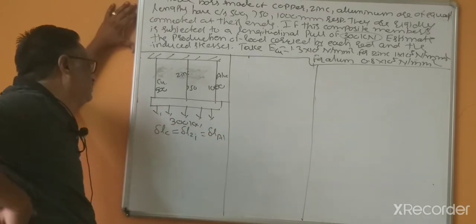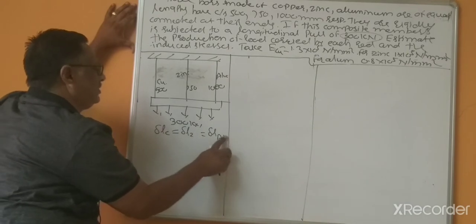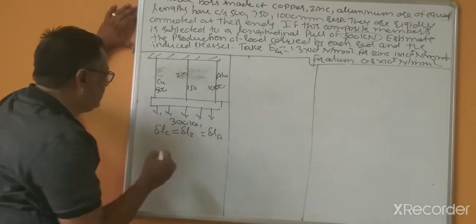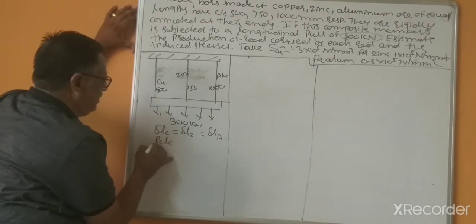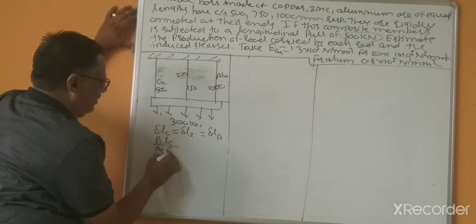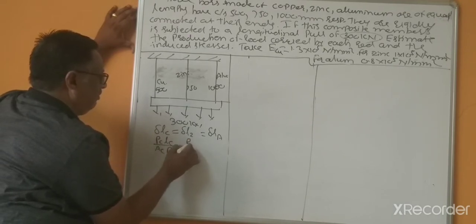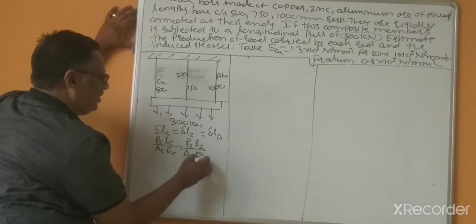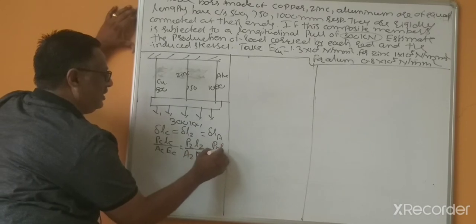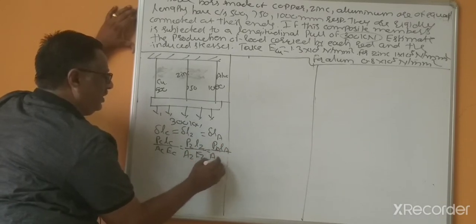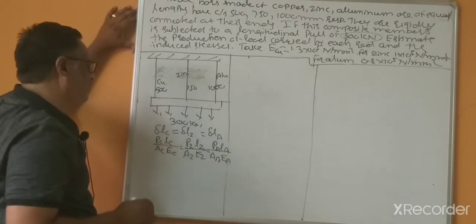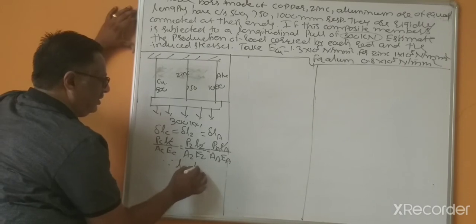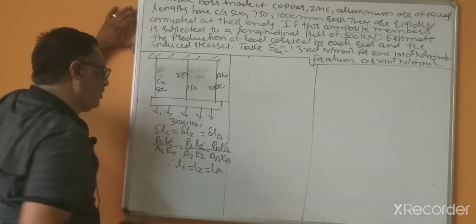So we'll consider them the same. Now, can we write PC LC by AC EC, PZ LZ by AZ EZ equal to PA LA divided by AA EA. So this will get cancelled, since the length of the copper, zinc and aluminium is the same.